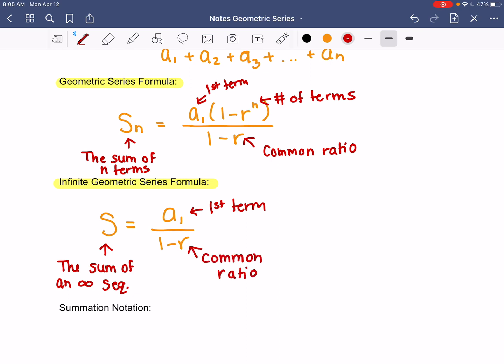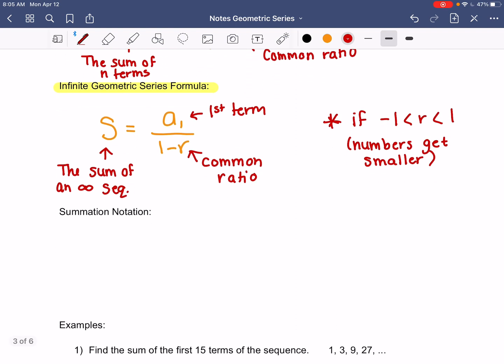But this one can only be done if r is in between -1 and +1. That's the only time you can do it. That just means that r has to be a fraction, the numbers are getting smaller over and over.